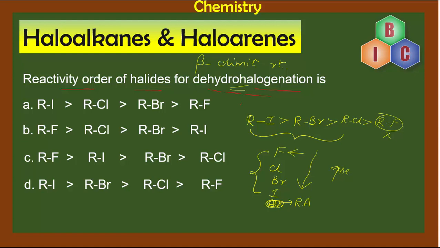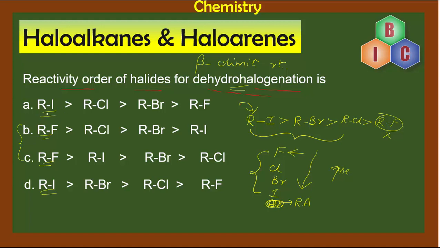So now, this being the case, let us see which of the four options given here will be our choice. Let's focus on these two. We can eliminate the other two, because alkyl fluorides are in the beginning. They are least reactive by nature.